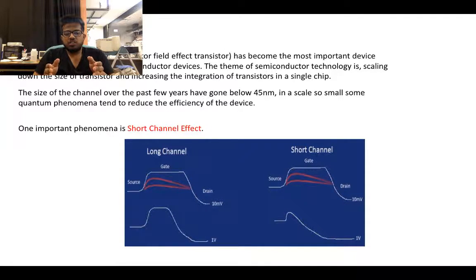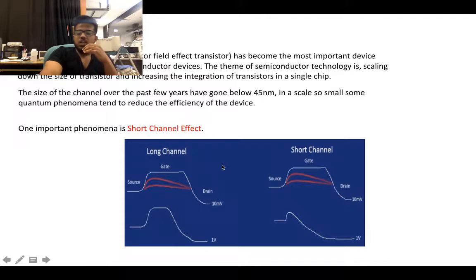Over a period of time we have come to know that when you reduce the gate channel length below 45 nanometers, some quantum phenomena come into play which reduce the efficiency of the device. One very important such phenomenon which is overcome by CNFET is the short channel effect.